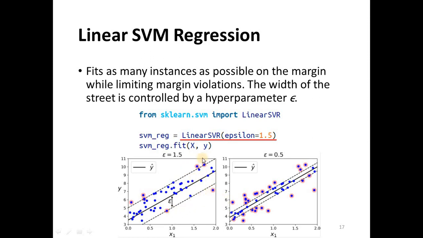These are called violations. The width of the street or the margin is controlled by a hyperparameter epsilon. So this is epsilon 1.5, large street, large margin. This is epsilon 0.5, smaller margin.